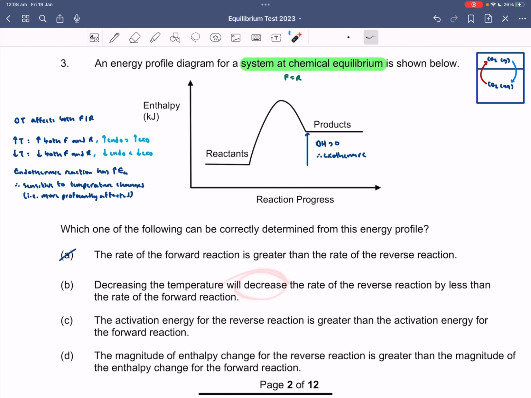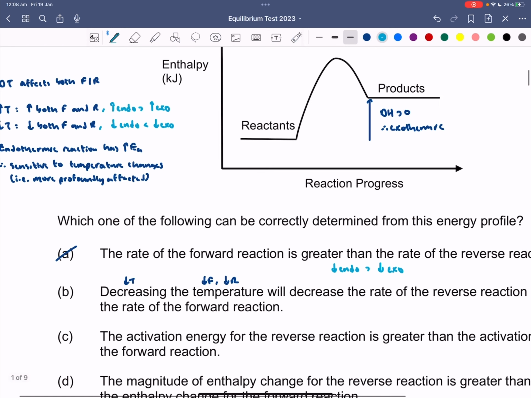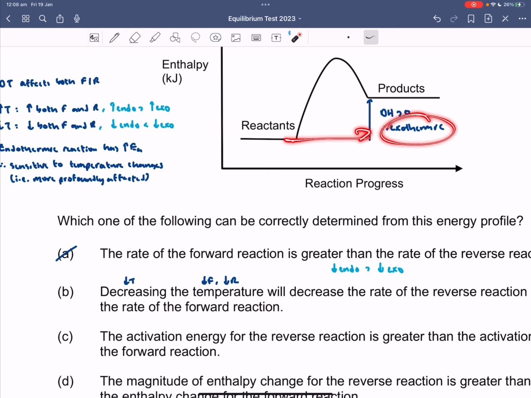So decreasing the temperature, we all know that the decrease in temperature will cause a decrease in the forward reaction rate, decrease in the reverse. And I just discussed that the decrease in the endo is going to be more profound than the decrease in the exo. Now we know that the forward reaction is exothermic, so effectively it means the reverse reaction is endothermic.